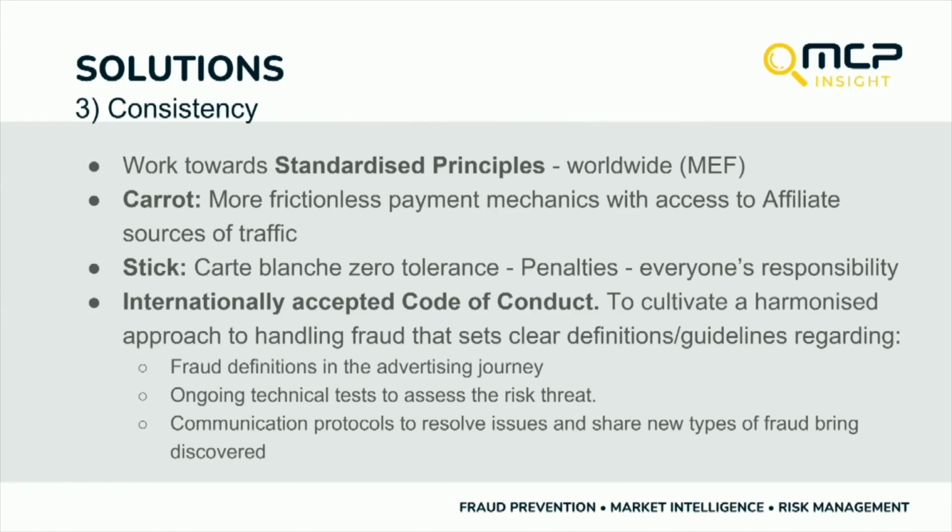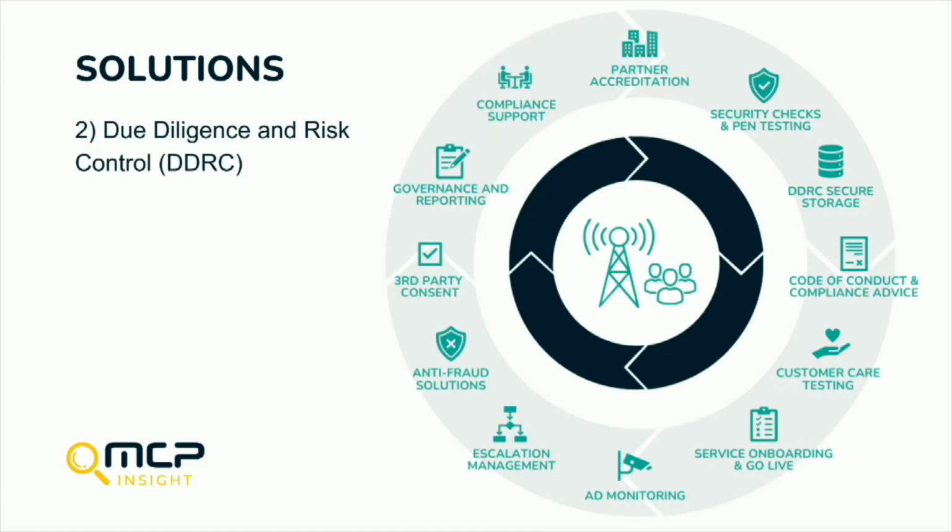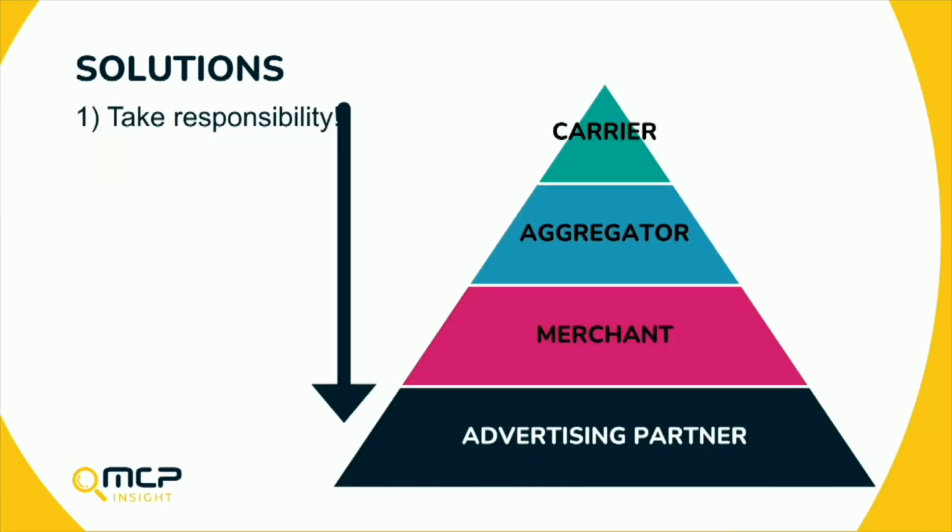So they have the biggest say. They generally push this down to the aggregator, who actually has very little skin in the game. Their margins are tiny. They're not really responsible for much there, but have to take it seriously because they partner with the carrier, and the carrier will cut them off unless they do take responsibility.